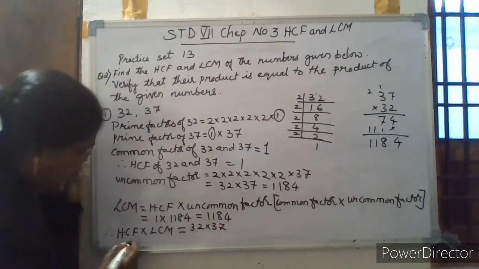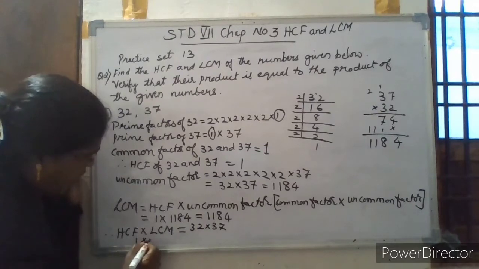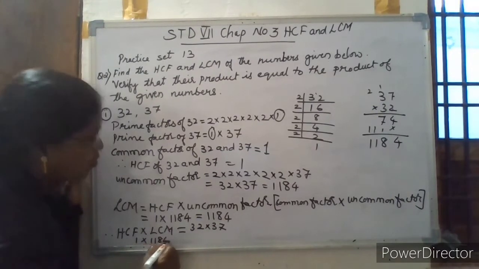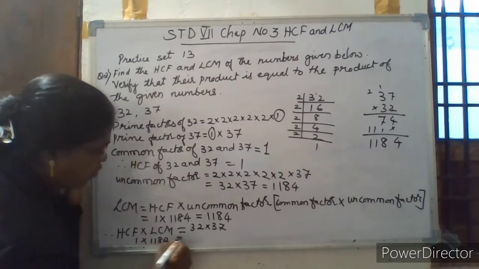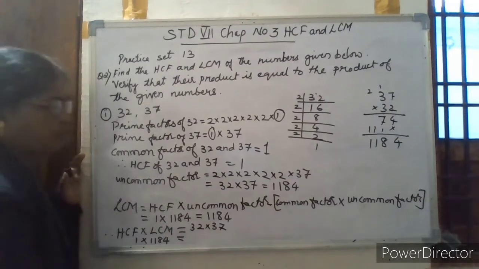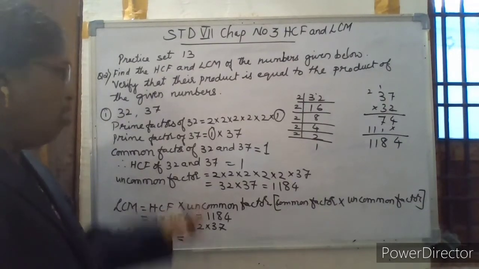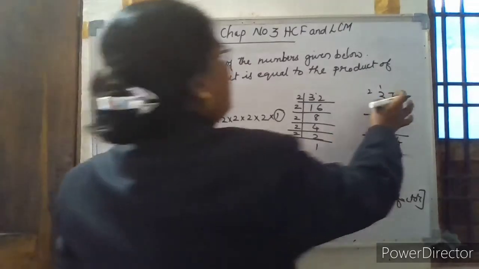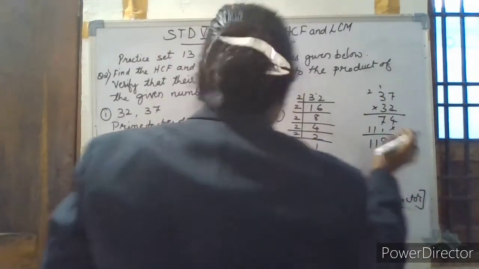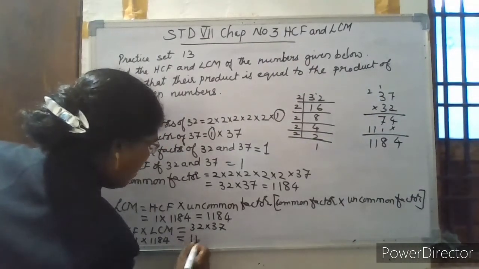Now we know HCF is 1 into LCM is 1184. This is equal to the given two numbers, 32 into 37. Already we have multiplied 37 by 32, and it is equal to 1184.